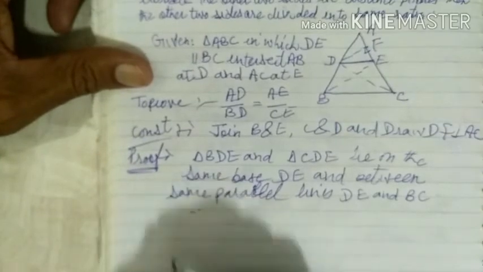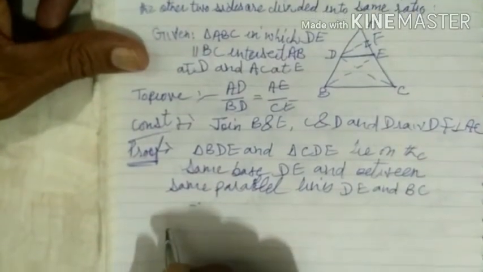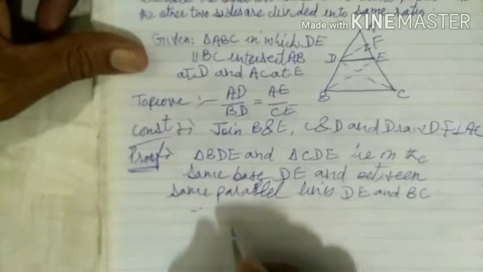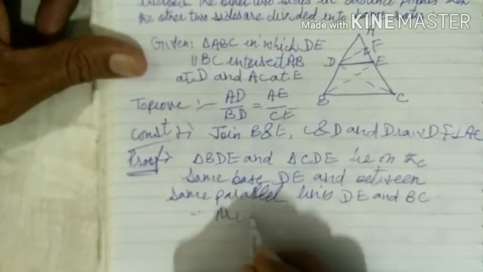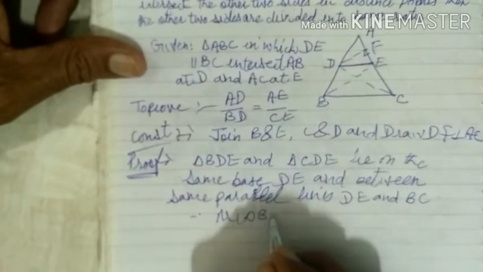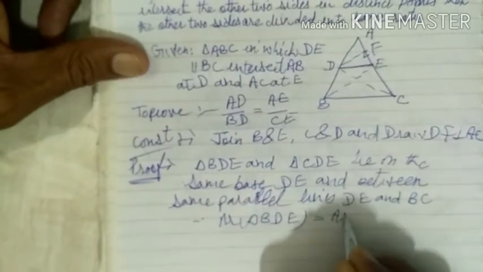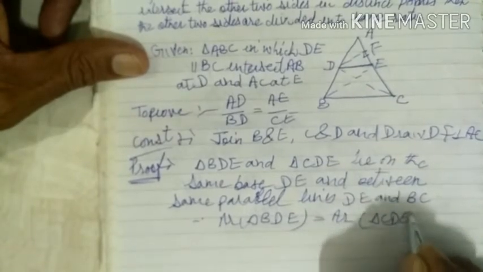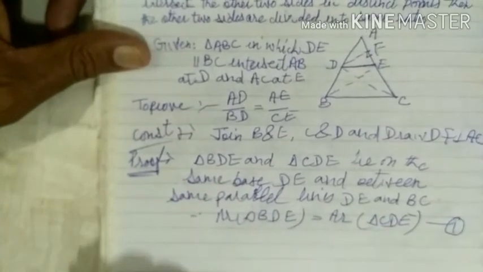So we have read in class 9th, when the two triangles lie on the same base and between the same parallel lines, then they are equal in area. So therefore, area of triangle BDE is equal to area of triangle CDE. It is equation number 1.